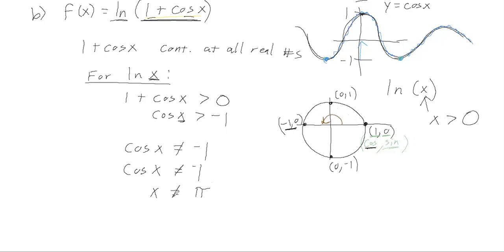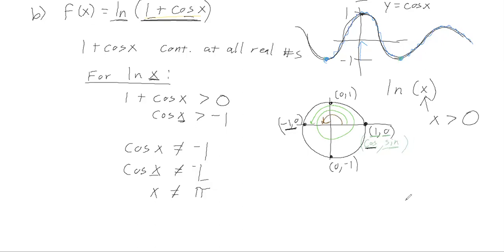Where else do we have a cosine that is -1? Well, we also have it whenever I go around like that. So what is that then?